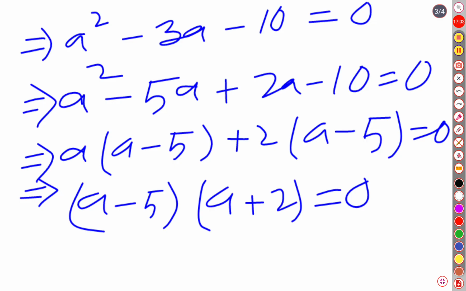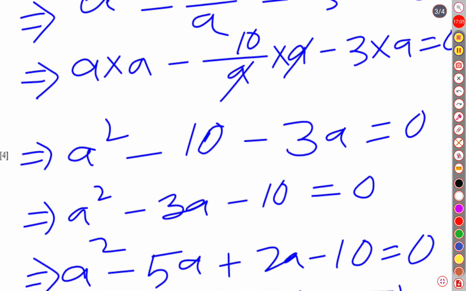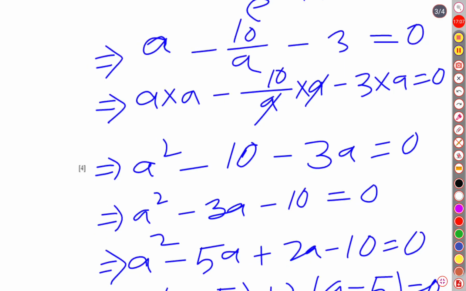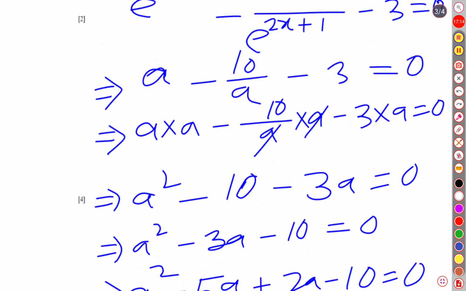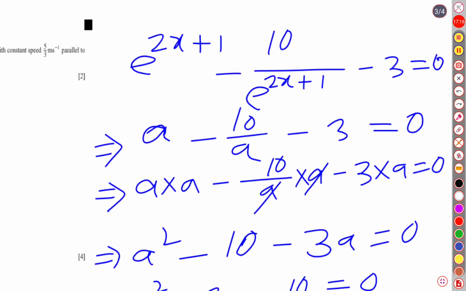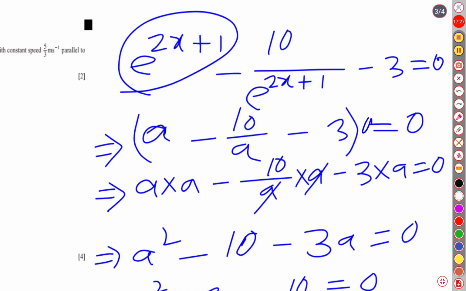What have we done? We have supposed this portion, e raised to 2x plus 1, to be a. Then we wrote a minus 10 over a minus 3. Then both sides were multiplied by a. If we multiply a by a, this is a square, then it will be minus 10 and minus 3a.